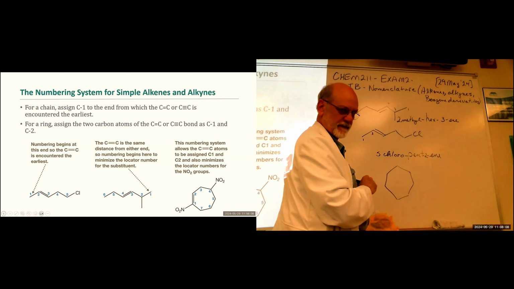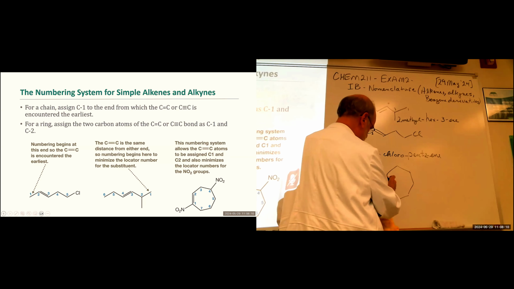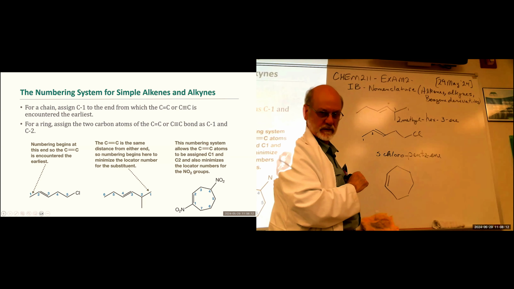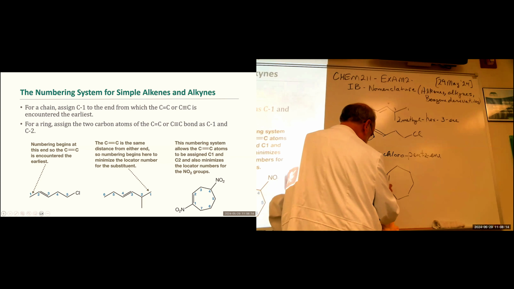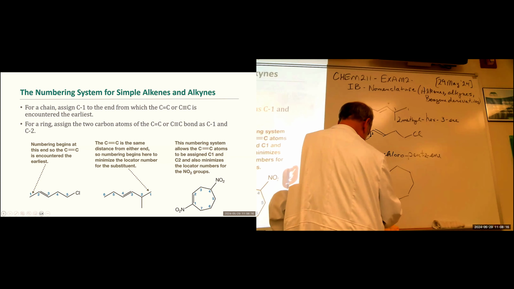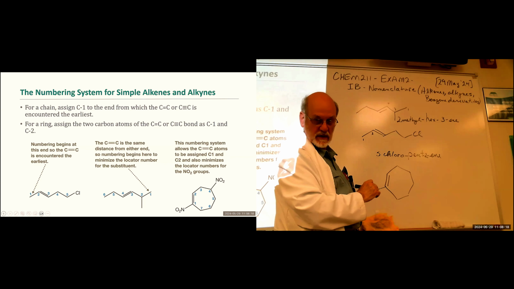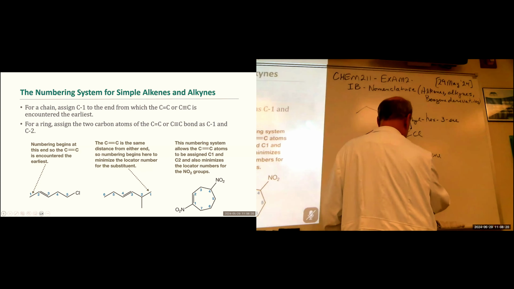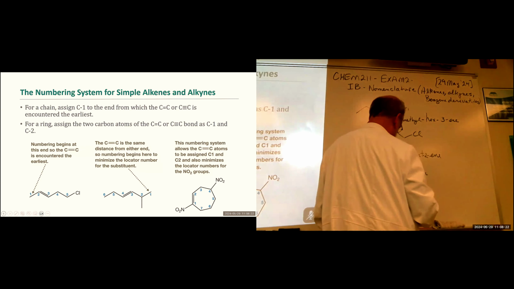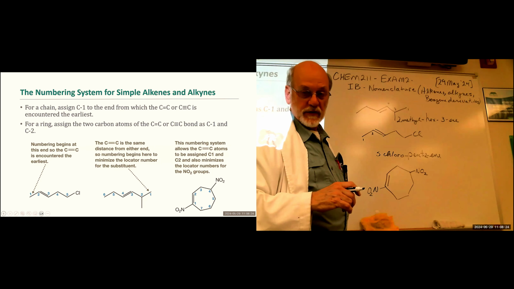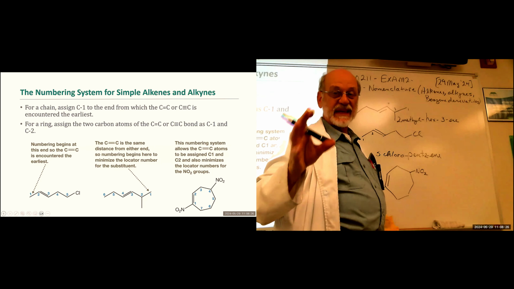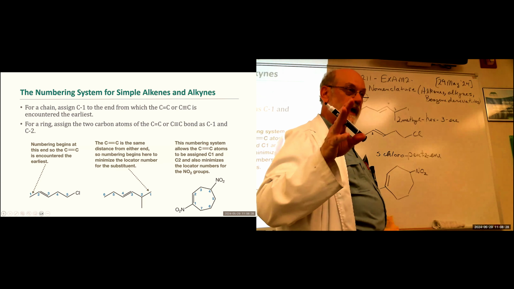Okay. And we've got a double bond on that one. And we have a nitro on this one. And we have a nitro on this one. Okay. So our beginning is cycloheptane.